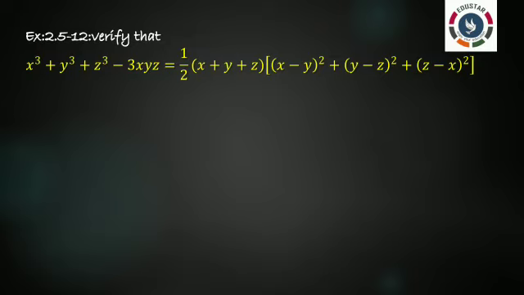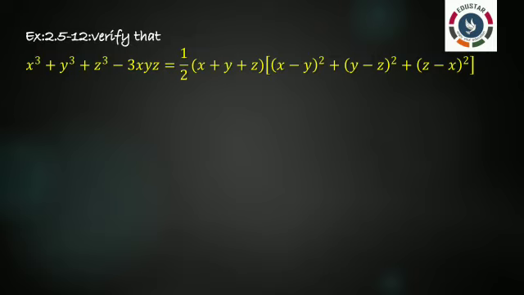Just apply the second identity, that is the x minus y the whole square identity, and you will get an expression with all the terms having 2 as their coefficient. Now take the 2 outside and cancel it with 1 by 2. Then you will get the RHS of identity 8.